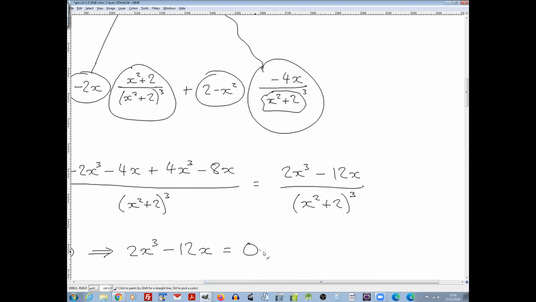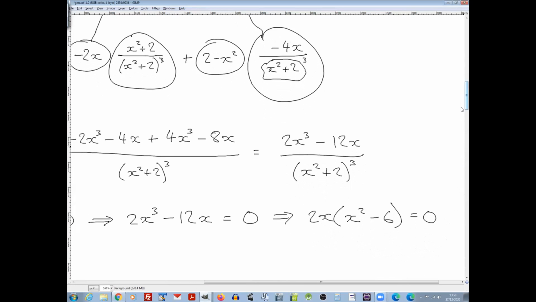If you're solving that, how would we solve that cubic? Probably take x out, or even take 2x out. Probably, yeah. And then x squared minus 6 is what's equal to 0.